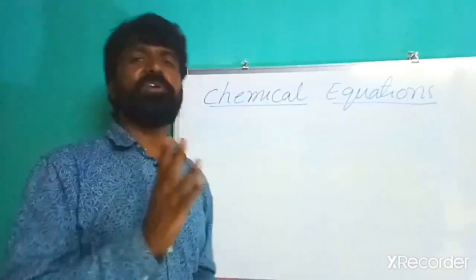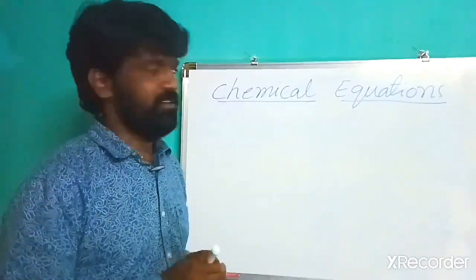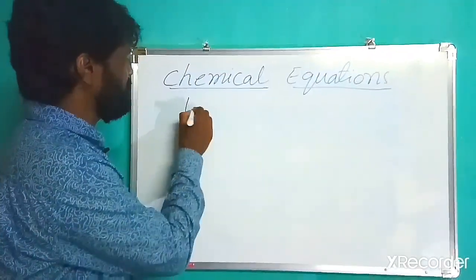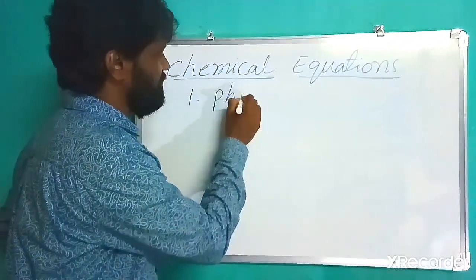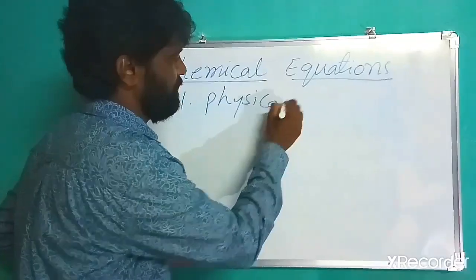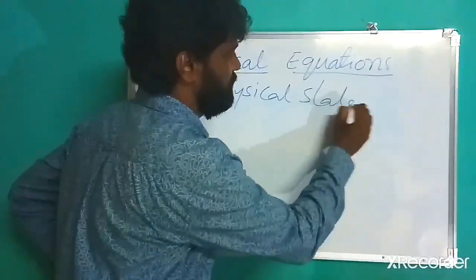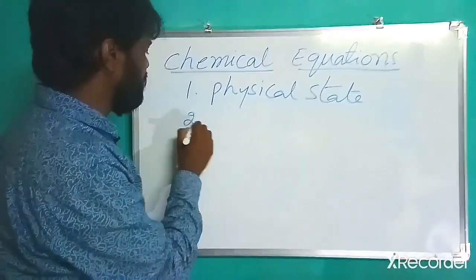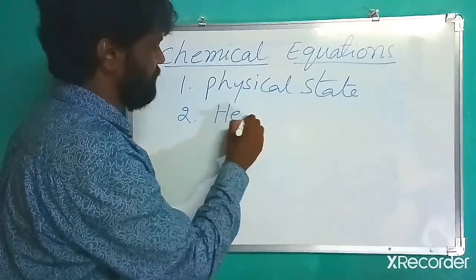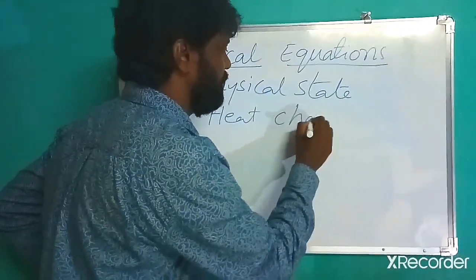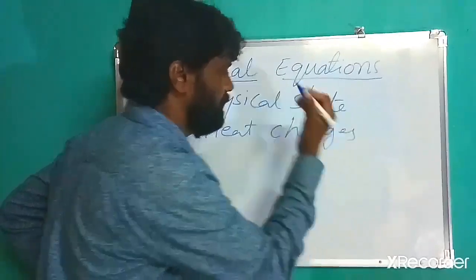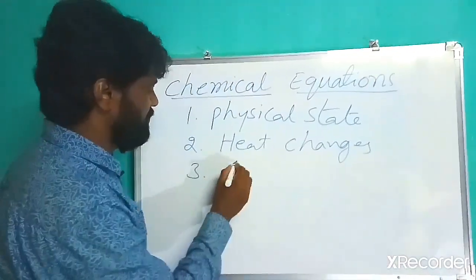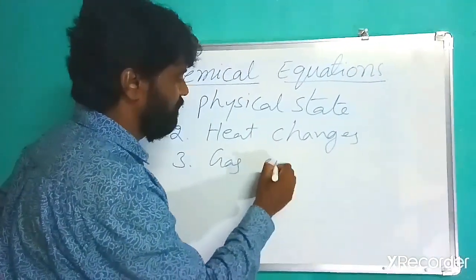We have four characteristics in that equation. What are they? The first one is physical state. The second one is heat changes. The third one is gas evolved.